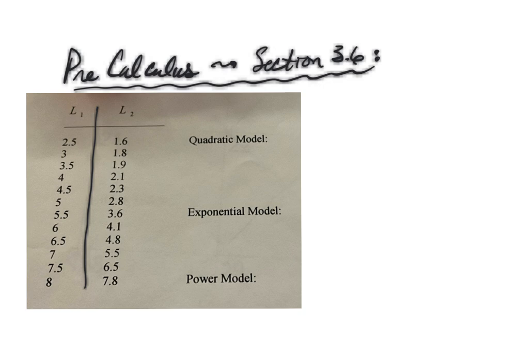So make sure your stat plot is on. Go to your window and make sure your window is set up so that the values in our problem will be shown, and turn off any other equations that you may have.